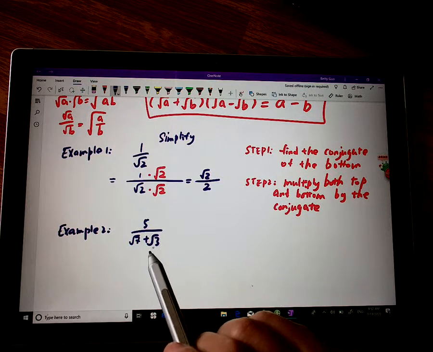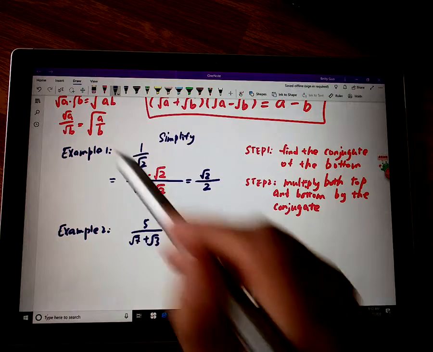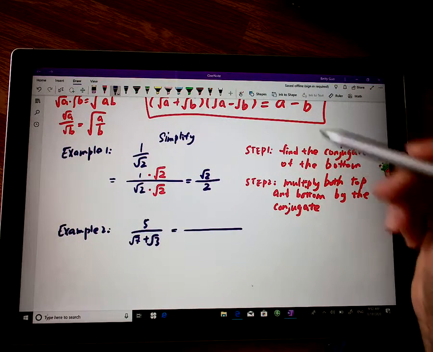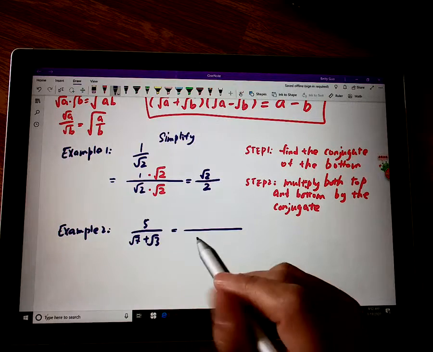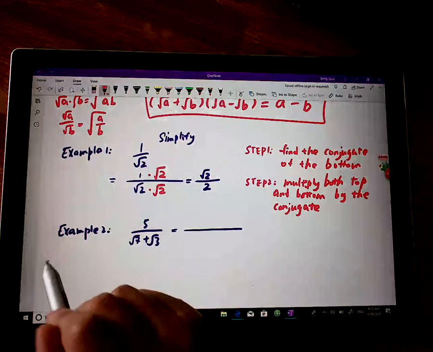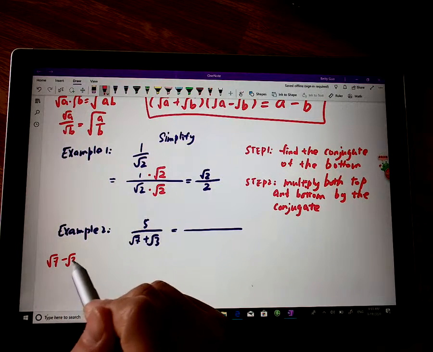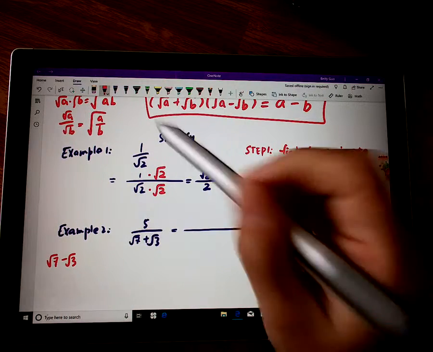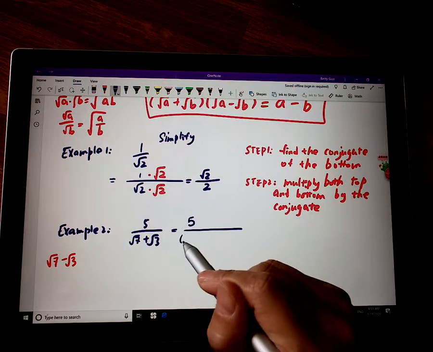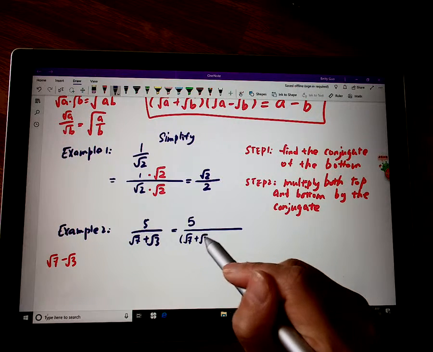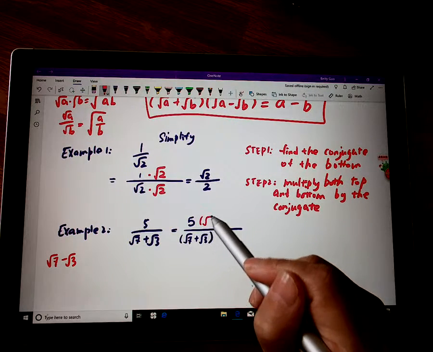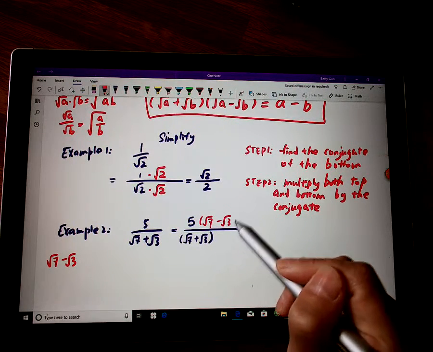The denominator is root 7 plus root 3. So what's the conjugate? By the definition, if you scroll up, you can see it. The conjugate is going to be root 7 minus root 3, okay? We covered this earlier, just a moment ago. Step 2, we multiply both top and bottom by the conjugate, which is root 7 minus root 3.